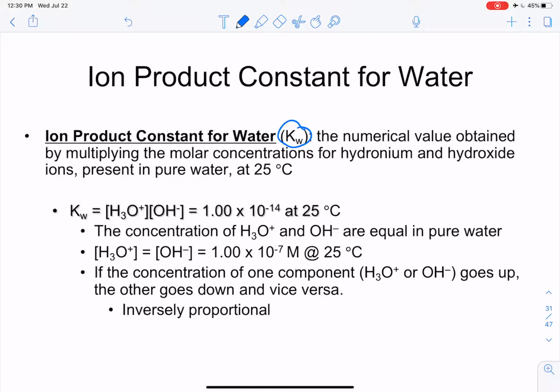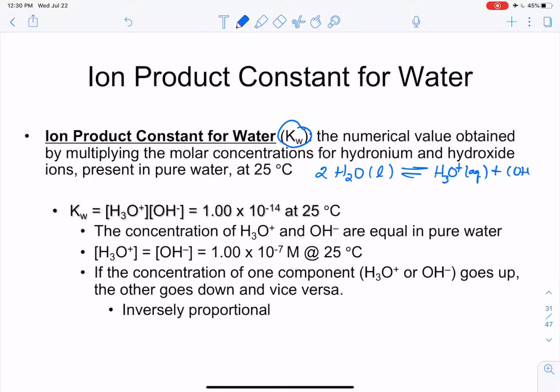And how do I get the expression for Kw? Well, if I write out my balanced equation, we had 2 waters, and those turned into a hydronium and a hydroxide.